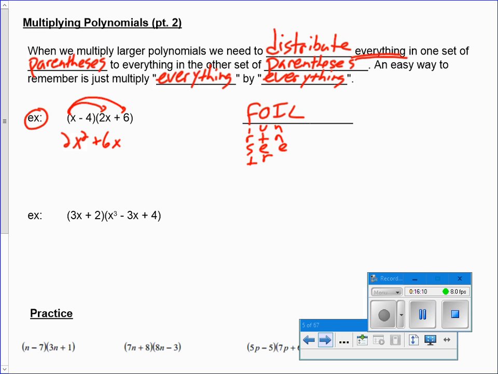Then we'd multiply the inner terms, which would be negative 4 and 2x. Then we multiply the last terms, which would be negative 4 and 6. Alright, and the last thing we do at the end is combine our like terms, which are those linear terms in the middle.